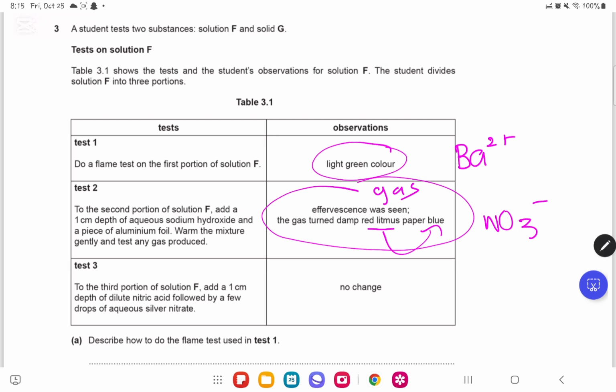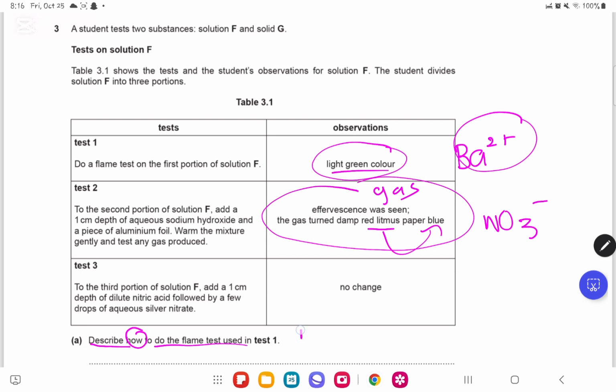So in part A, they're asking us to describe how to do the flame test. What you're going to do is get a wire and clean the wire in acid, until you put it in the flame and it doesn't change the color of the flame. Then place the wire into the solution, and then place it into the flame. If it gives a light green color, then it's definitely Ba2+.